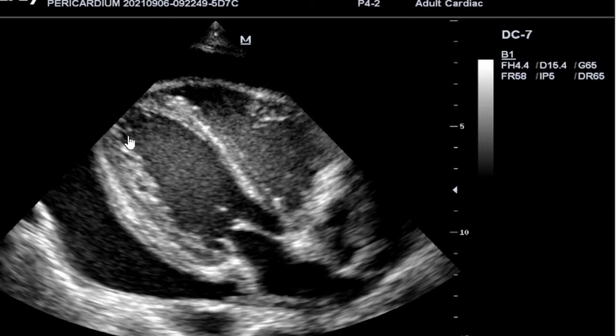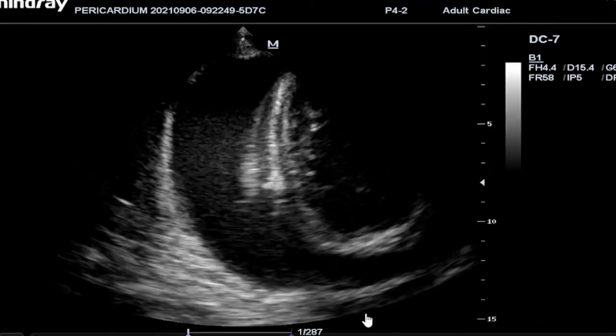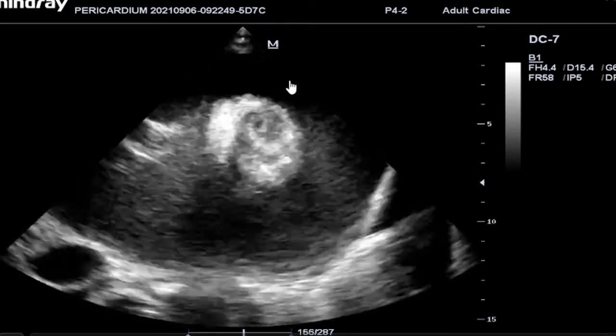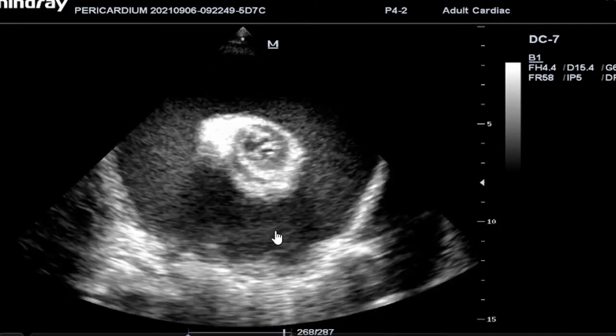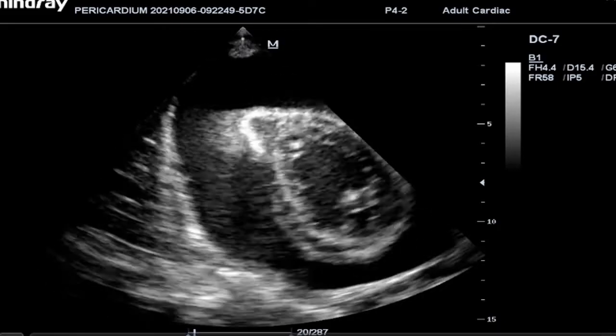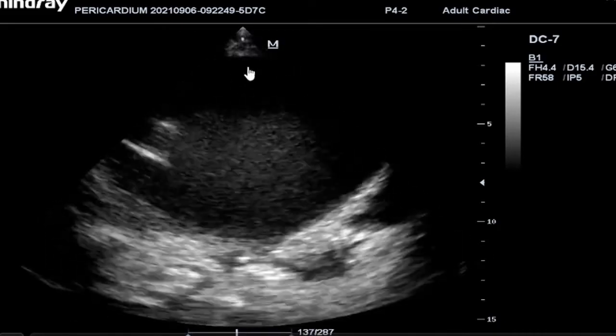The interventricular septum is intact, but we have got free fluid here, what I'm referring to as my pericardial effusion. So doing it this way again, you can actually see that the troubled heart is swimming in a lot of free fluid, or the pericardial effusion.